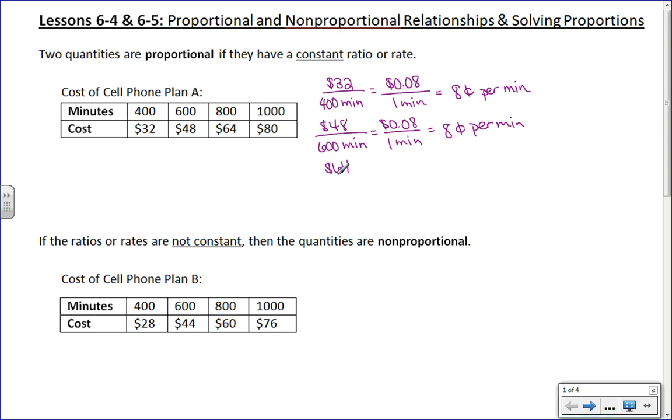This is $64 for 800 minutes. And that, when we divide to get a unit rate, that also comes out to 8 cents per minute. So let's check the last one, $80 for 1,000 minutes.